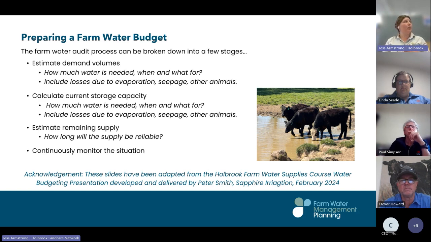In part 2, we'll be calculating current storage capacity. I've stuffed up my slides, that's okay, we can't be perfect. We will also, of course, in part 3, be looking at estimating the remaining supply. So how long will that supply be reliable? And of course, we will be continuously monitoring the situation on farm.